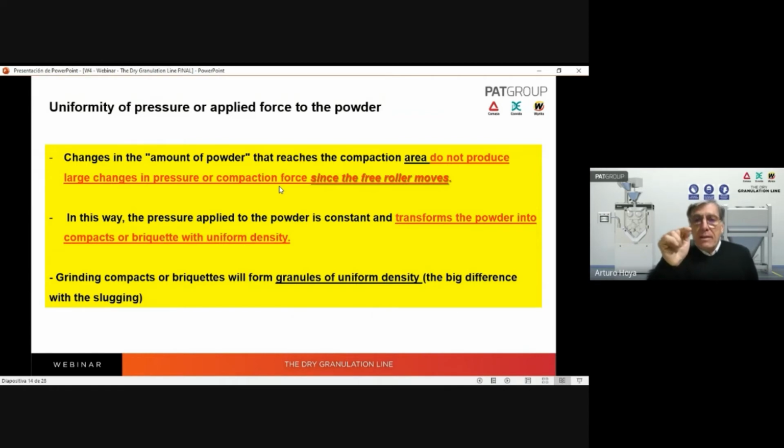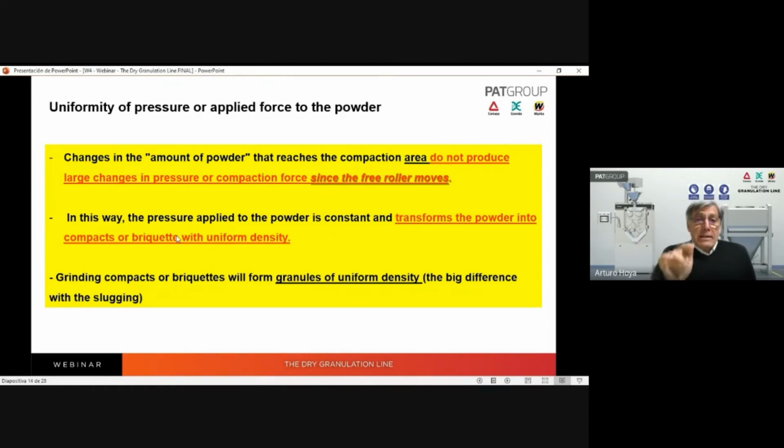Because the equipment has a rule, one of the 2 rolls moves. So if more powder enters between the rolls, one of the rolls will move and the pressure will be constant. In this way, the pressure applied to the powder will be constant, transforming the powder into a compact object with uniform density and with a good isotropic characteristic along the briquette.